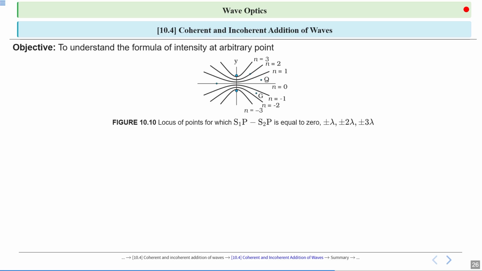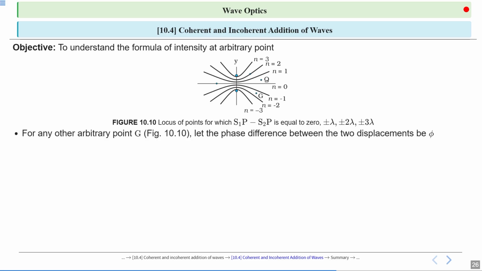So what is this figure representing? It is representing the locus of points where S1P minus S2P is equal to plus minus lambda, plus minus 2 lambda, or plus minus 3 lambda, for constructive interference. So for any arbitrary point G, figure 10.10, let the phase difference between the two displacements be phi.